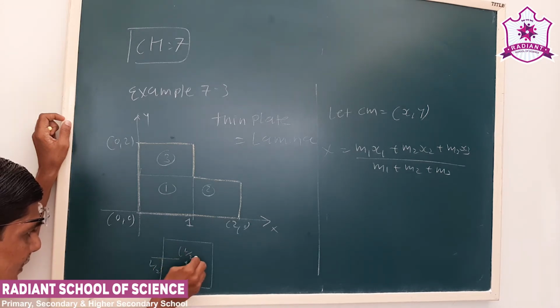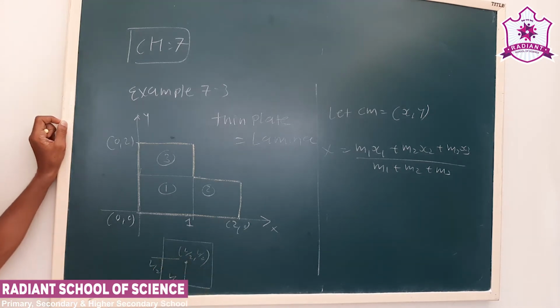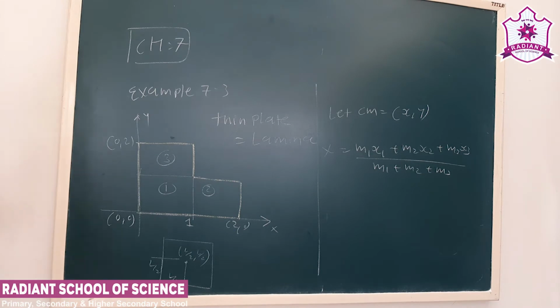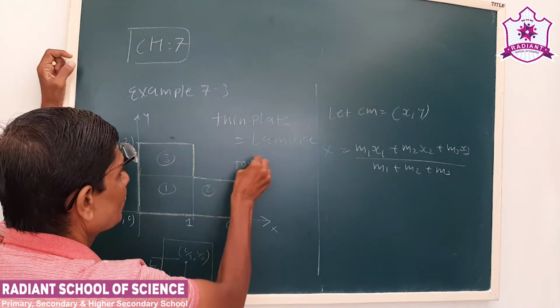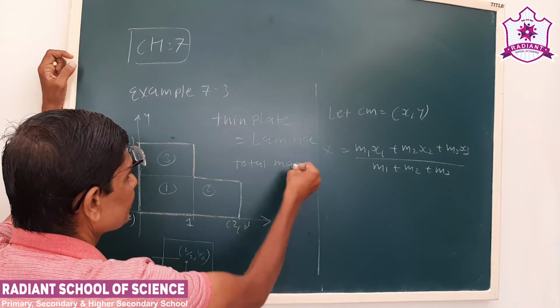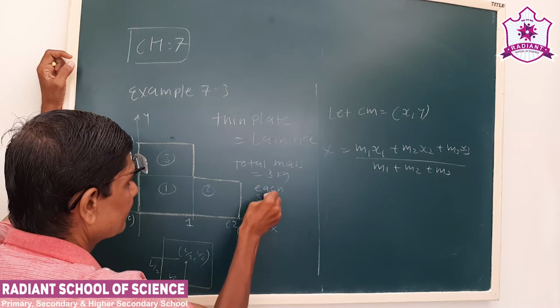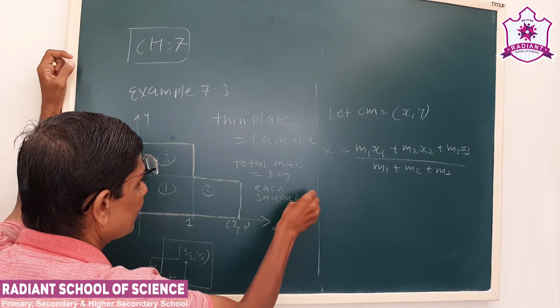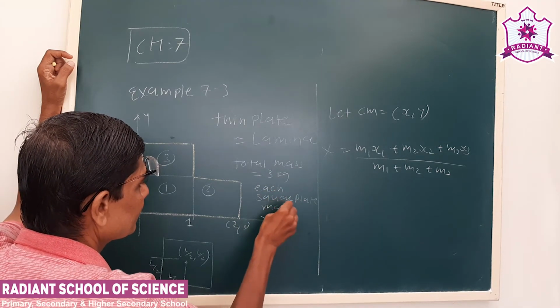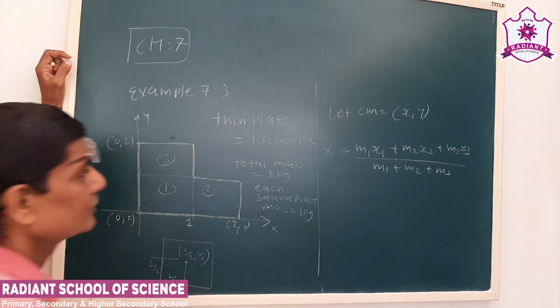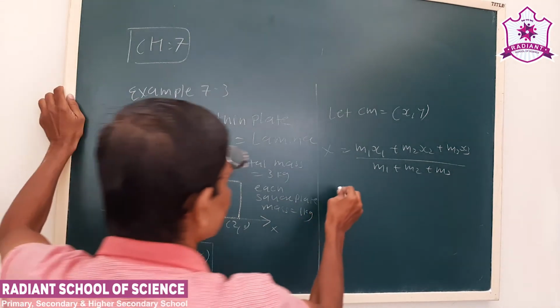Now see, the total mass is 3 kg, so each square plate mass will be 1 kg. So m1 is 1.